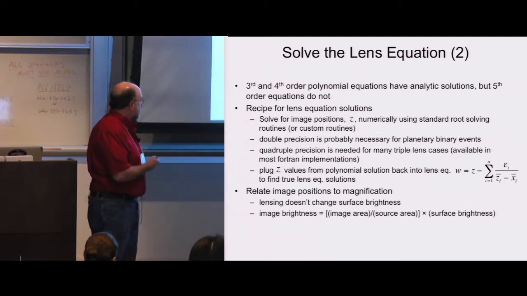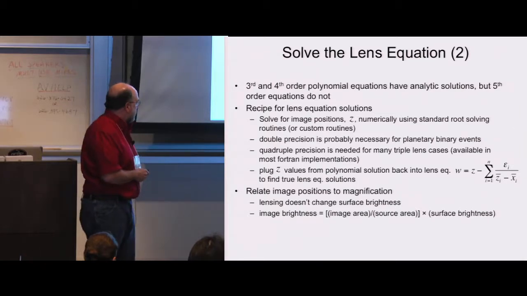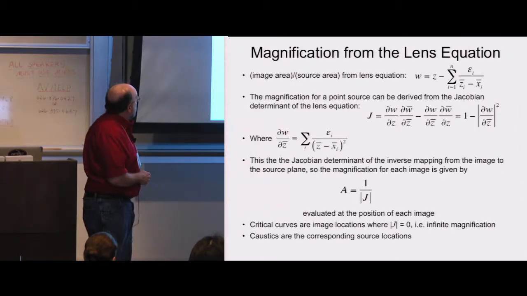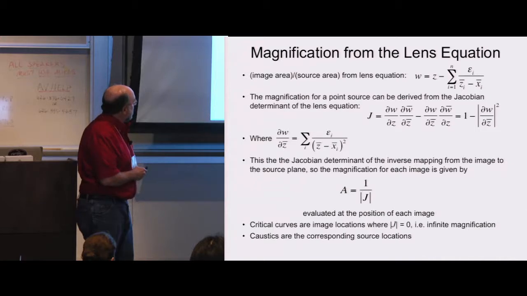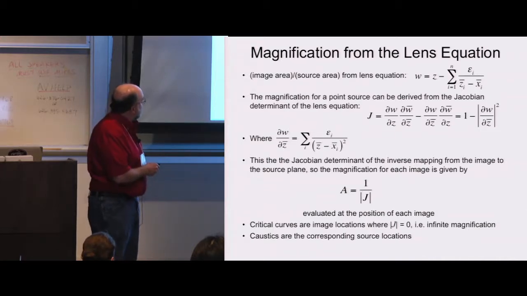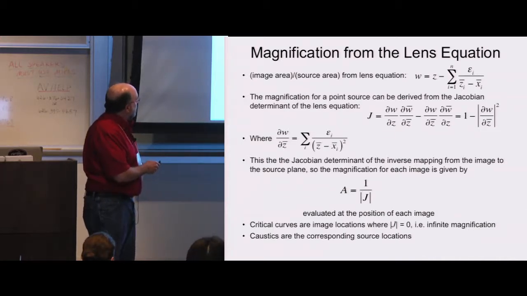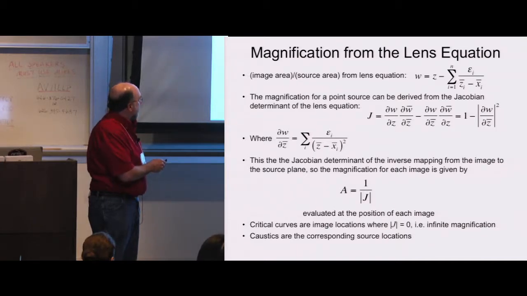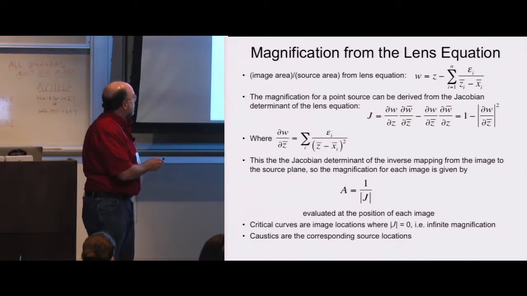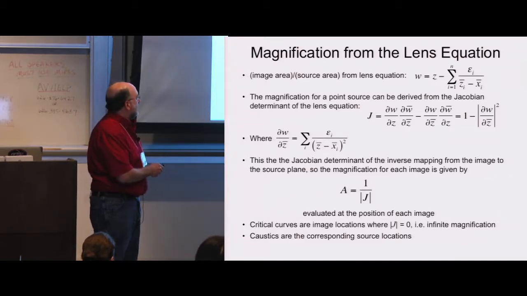Okay, and if you assume that the source is very small, then you can work out the magnification from the lens equation. Basically, it comes from the Jacobian determinant of W with respect to Z, in two dimensions. Since these are complex coordinates, W and Z both have two dimensions, the W and the complex conjugate.